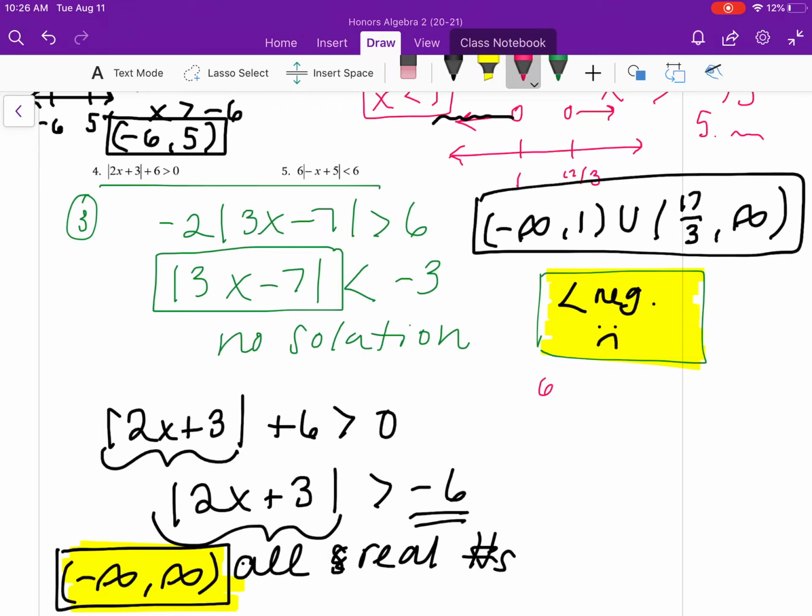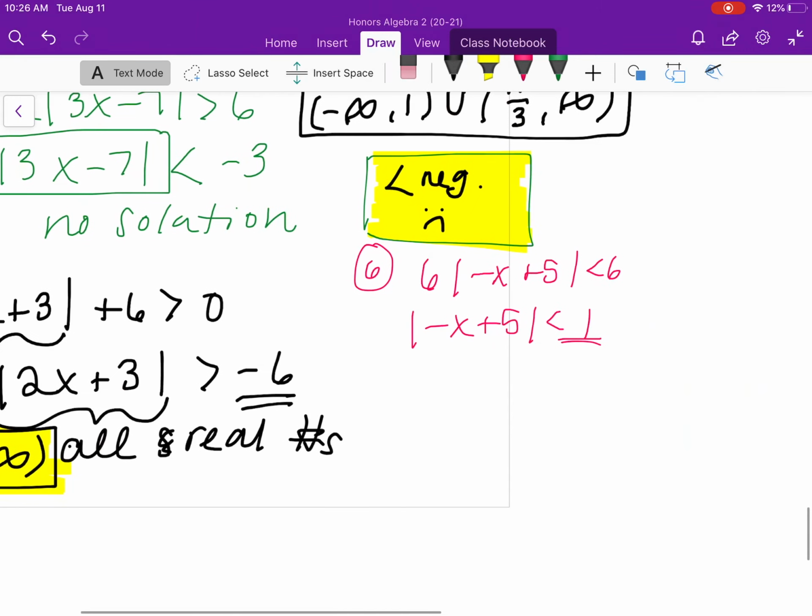All right, let's try one more example. I'm going to do question number 6 here. 6 times the absolute value of negative x plus 5 is less than 6. Divide both sides by 6. We get less than 1. So this is a situation where we don't have to worry about it because this is not negative. So we're going to get some answers here.